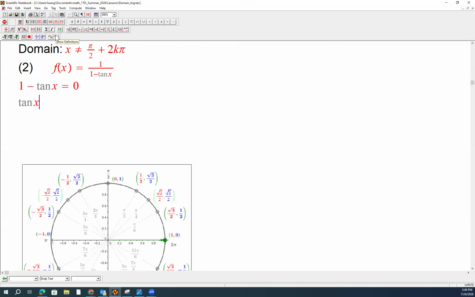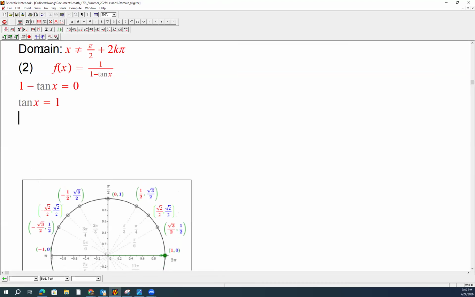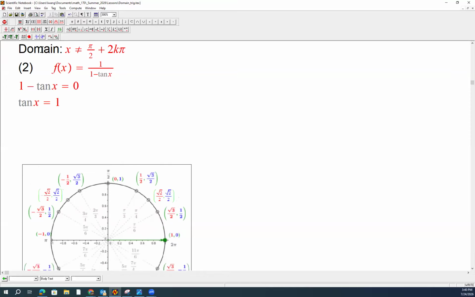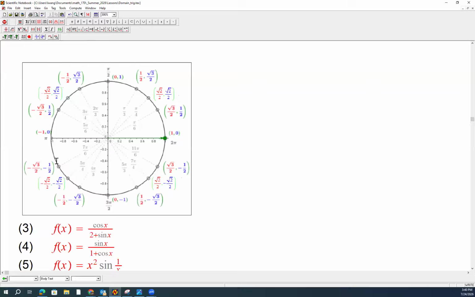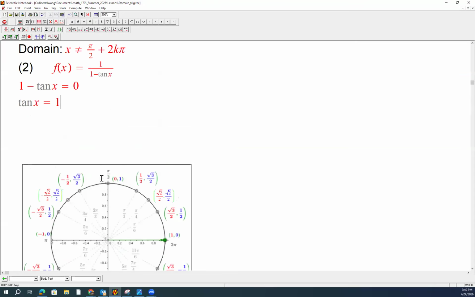So we have tangent x equals 1. Then the question is, what are the angles that will cause tangent to equal 1? So we're going to determine the terminals. We know that's going to be pi over 4 and 5 pi over 4.